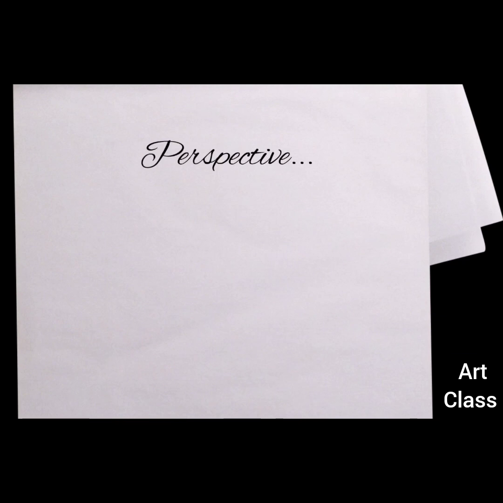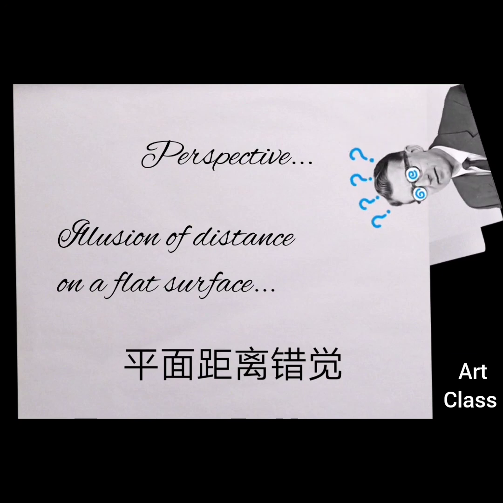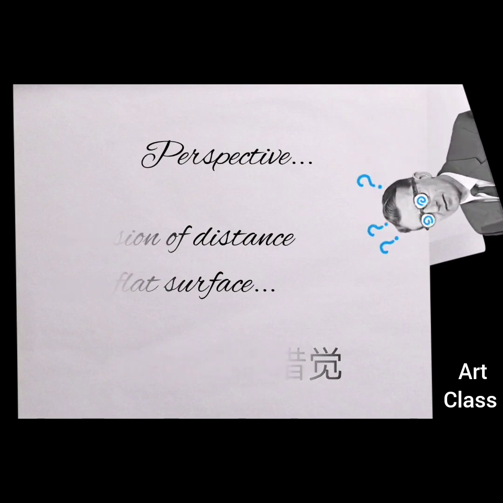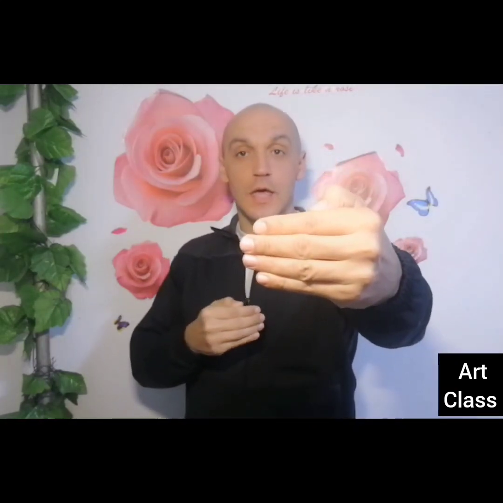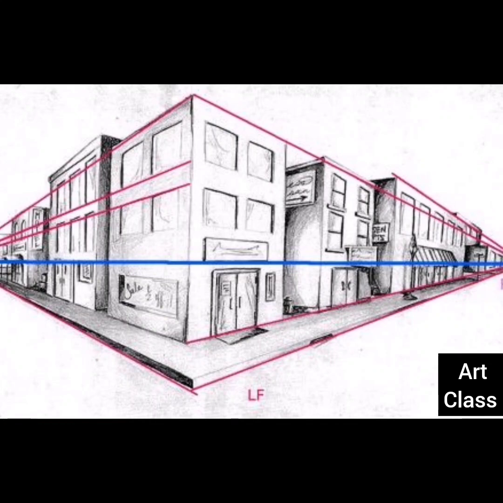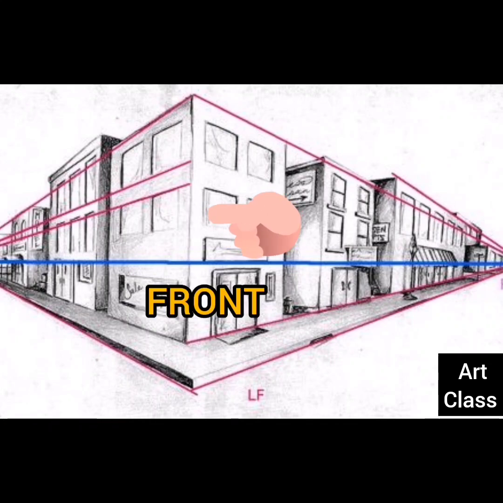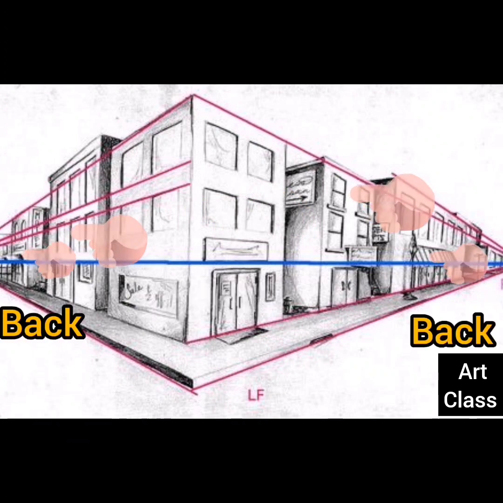Perspective. Illusion of distance on a flat surface. It means that we can notice which objects are in the front and which objects are at the back. So, like this example, it's obvious that this building is in front and the other buildings are at the back.